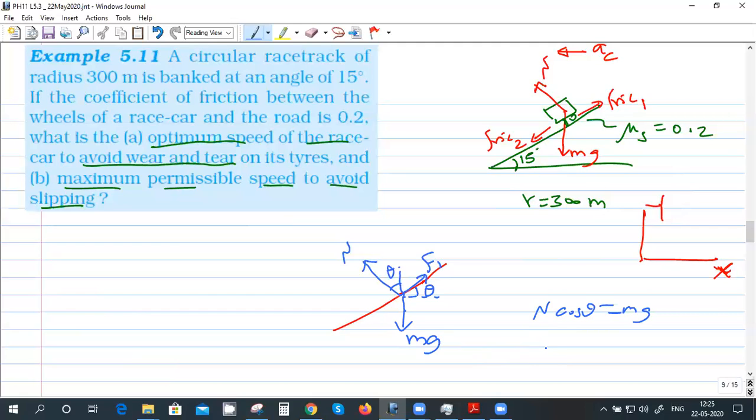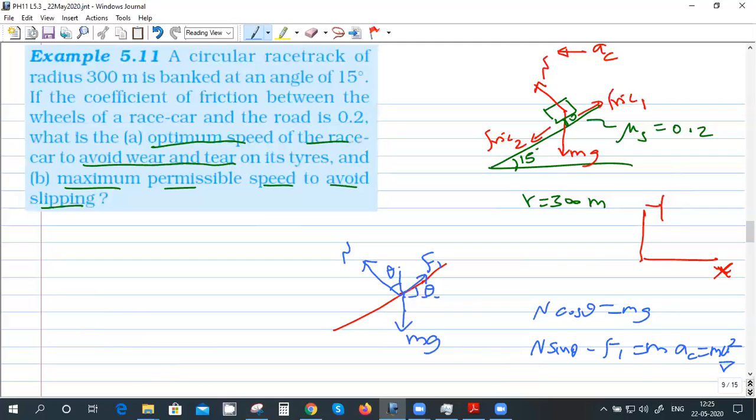Okay, mg has to be split, no? No. Okay, N cos theta, N sin theta. N sin theta minus F1 equals m into a_c, that is m into v square by r. Okay, and F1 is what?